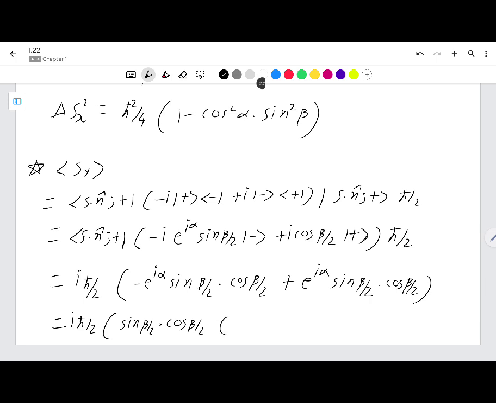If we take this e power i alpha minus e power minus i alpha, it will give us, okay, one of them will be minus i alpha, the other plus i alpha.